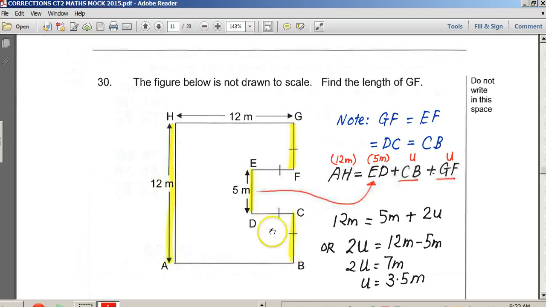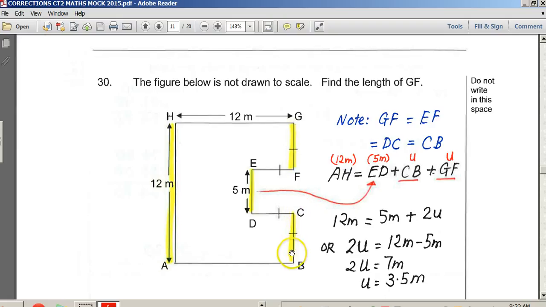Now let's take a look. 12 over here is actually equal to 5, plus this and plus this. So how do you find it? You take 12 minus 5, you have 2u. 2u means this, 1 unit of the same length with this. This is a second unit.